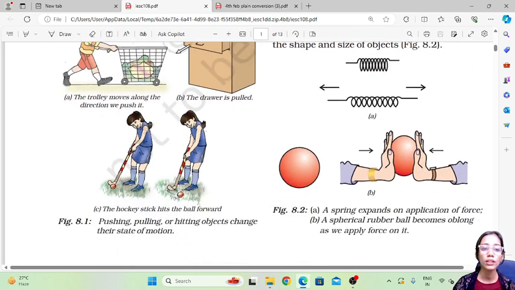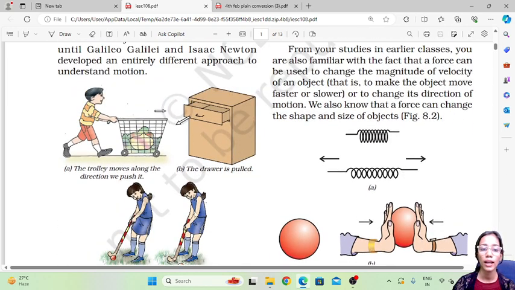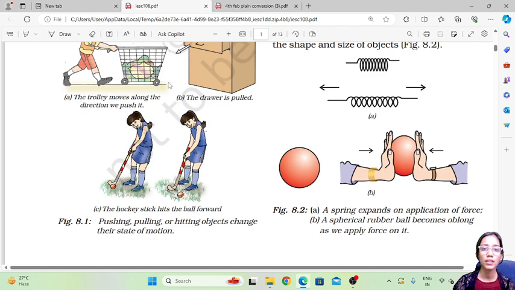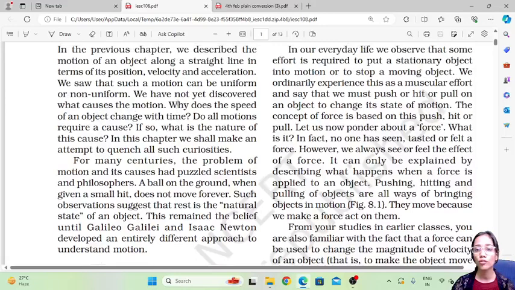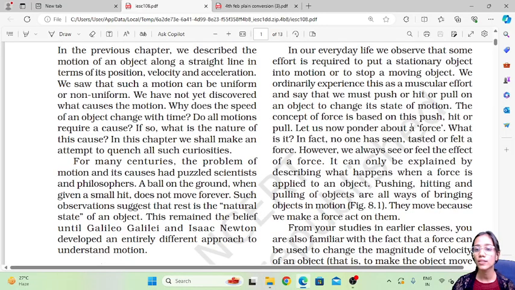So all this push, this pull, and this push is nothing but the force applied to an object which makes the object go in motion and change its direction of motion. The concept of force is based on this push, hit, or pull.